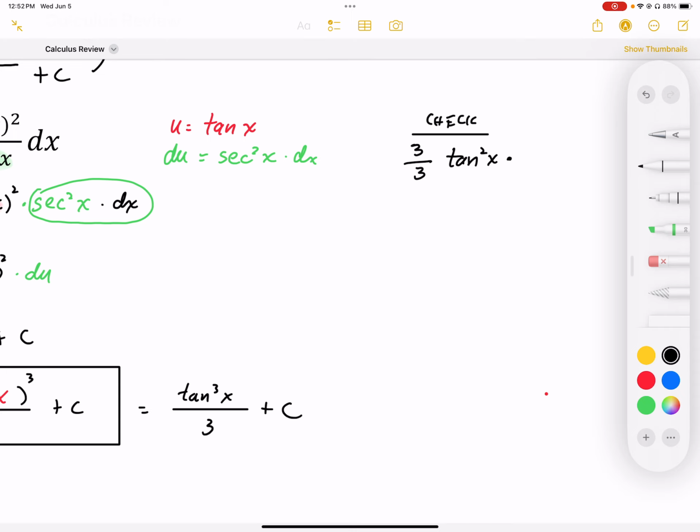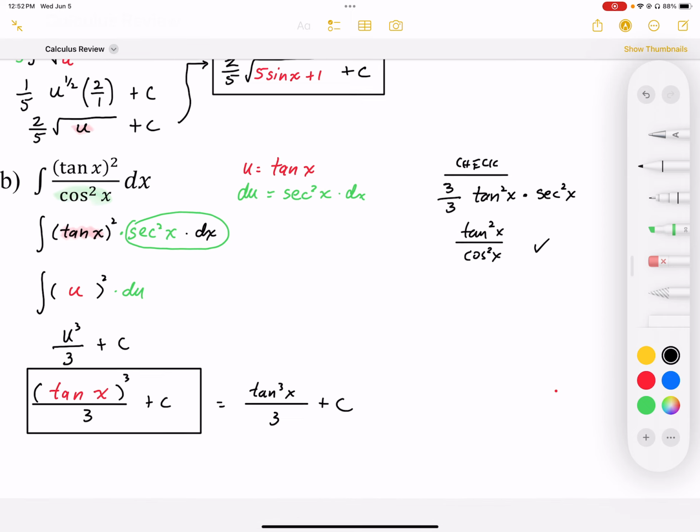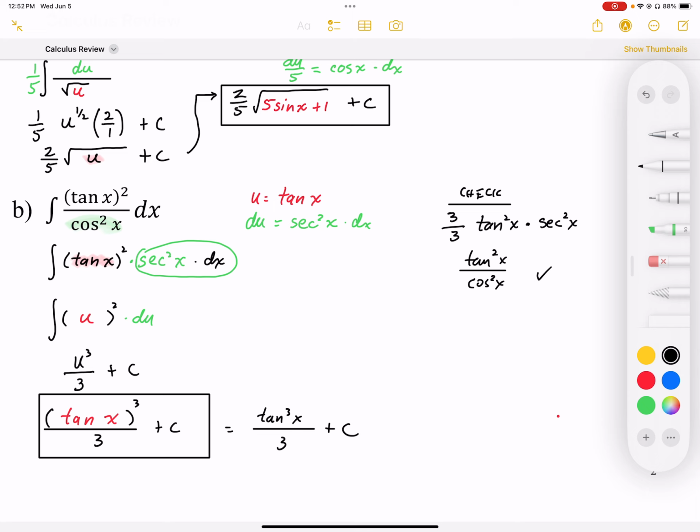And then I have to apply chain rule. The inside is tan, so the derivative is secant squared. That's going to show up as tan squared x over the secant squared, which just becomes cos squared in the denominator. So there it is. That shows me that I did end up with the correct antiderivative function.